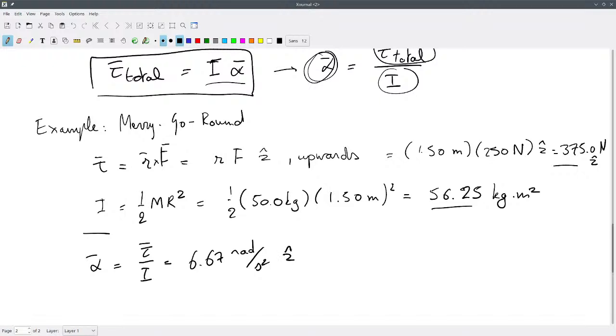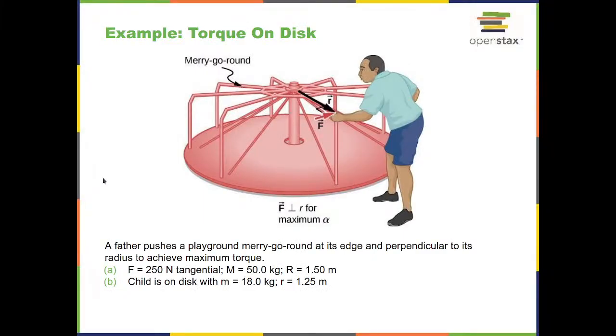I'm writing this as a vector quantity to show you that in this case the vector direction of our angular acceleration will be in the same direction as the vector direction of the torque. So if my torque is pointing out of the ground along the positive z direction, my angular acceleration will also be out of the ground, pointing in the positive z direction.